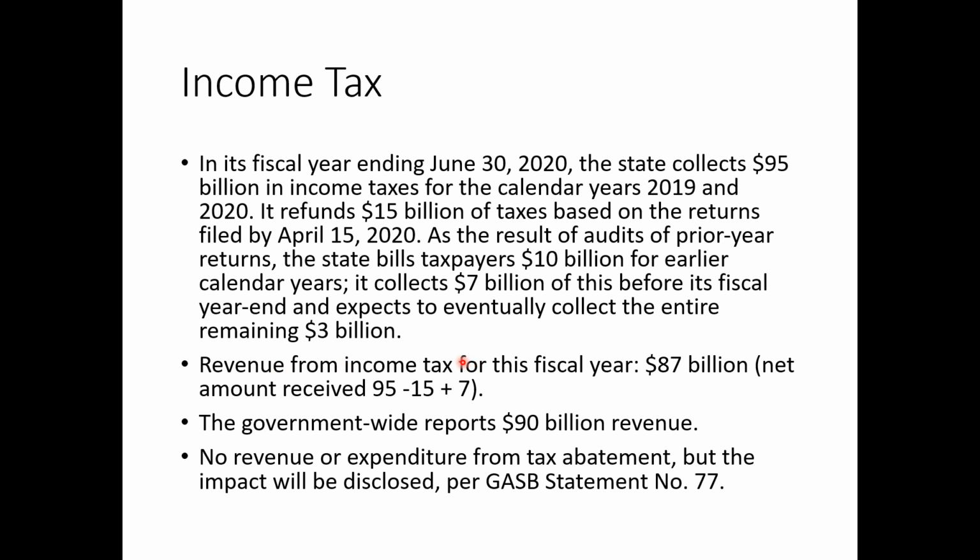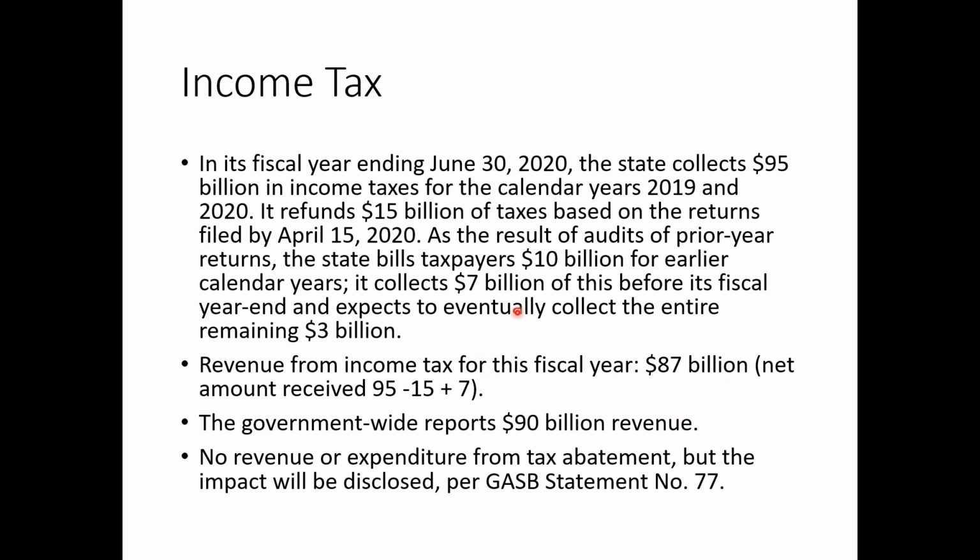That will be the 95 collected, less the refunded amount, $15 billion, and plus the $7 billion. That will be $87 billion, okay?